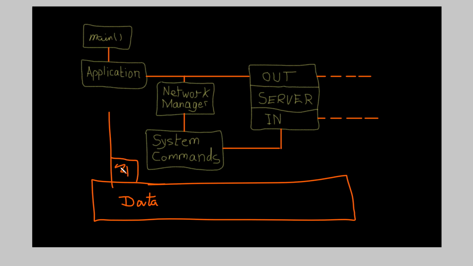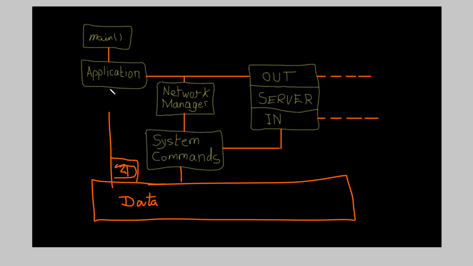I'll put a D for it for now. So we'll have our display. We'll have our data. System commands will have access to the data, of course, to update the data. So somewhere here we have to do commands allowing data to be updated. And I think we'll probably put that in system commands.